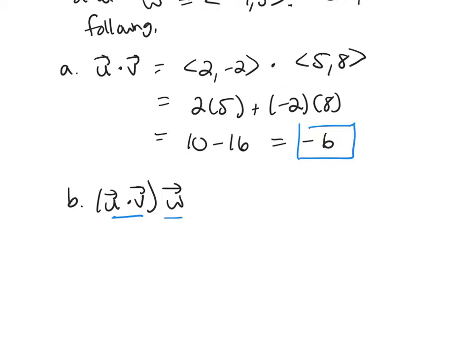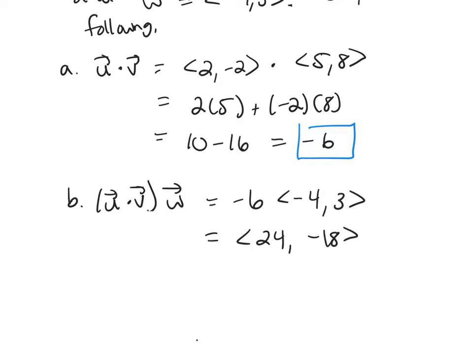So in the end, my answer should be a vector here. Well, we already computed this dot product in the last part. So this would be negative 6 scalar multiple with w, which is negative 4, 3. So I'm getting positive 24 and minus 18.